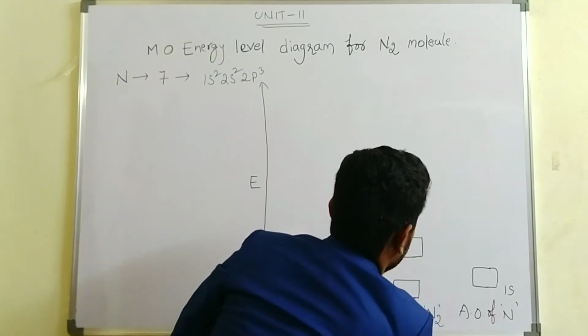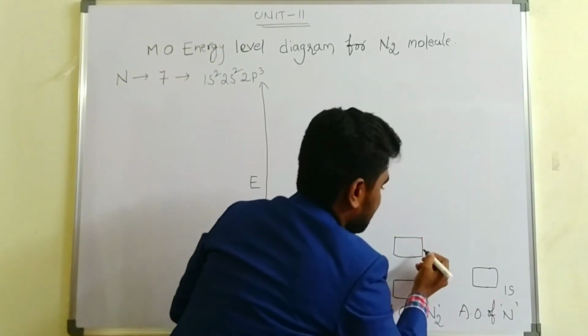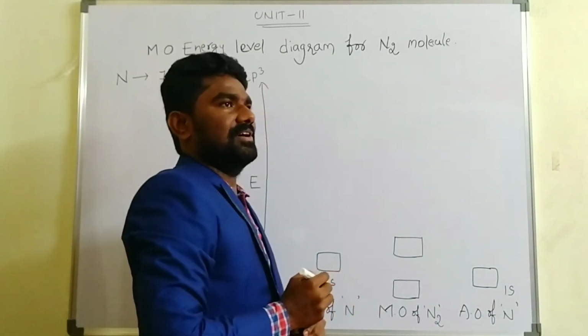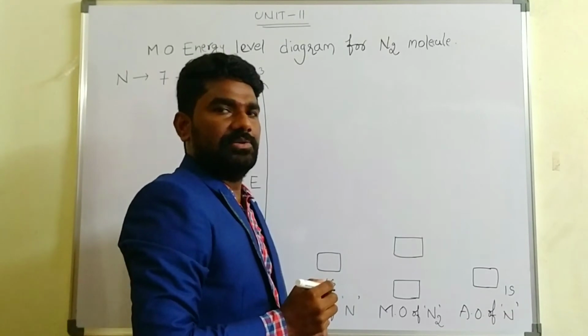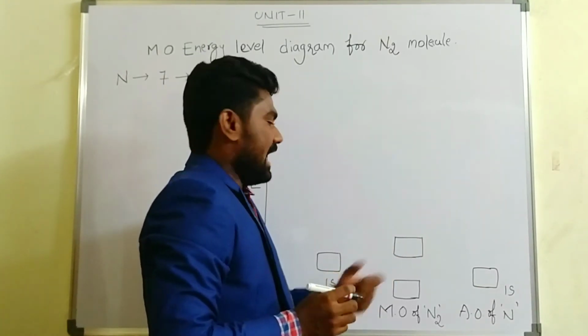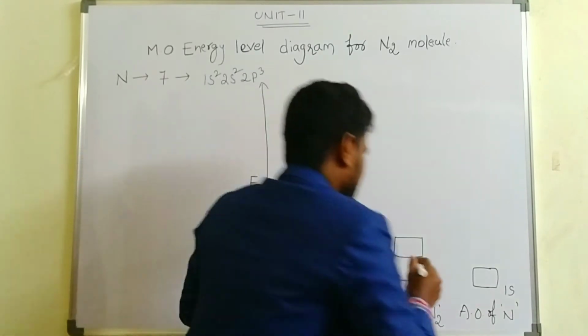One has low energy, the other has high energy. The lowest energy molecular orbital is called the bonding molecular orbital, and the highest energy molecular orbital is called the anti-bonding molecular orbital.